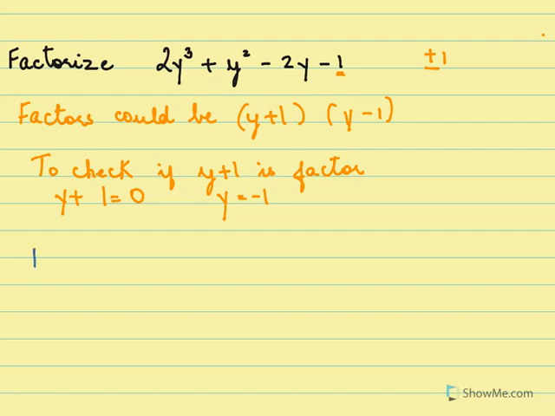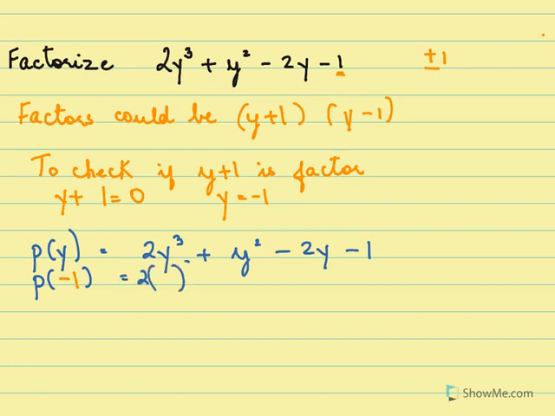Our polynomial p of y is equal to 2y cube plus y square minus 2y minus 1. So here we have p of y and our y is minus 1, equal to 2y cube plus y square minus 2y minus 1.